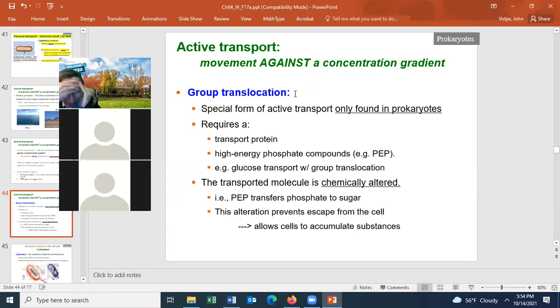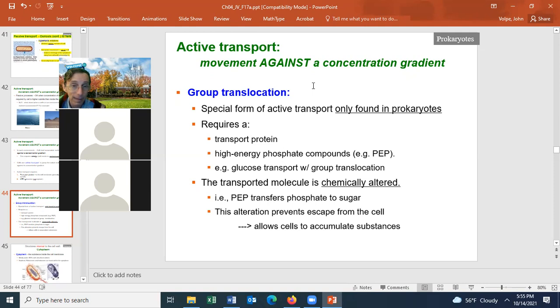Let's say there's 10 glucose molecules outside the cell and 100 glucose molecules inside the cell. Okay? So to move it into the cell, which the cell will want, because the cell will want the glucose, it has to move it against a concentration gradient.